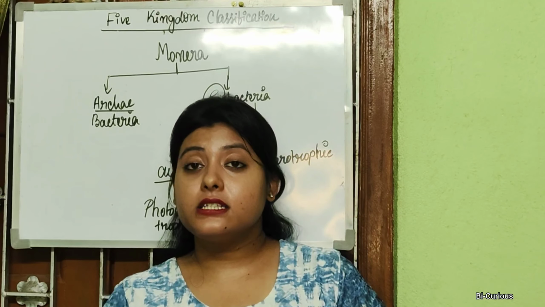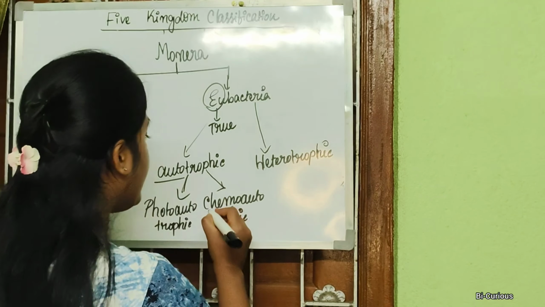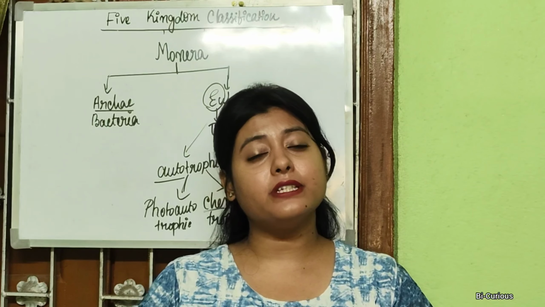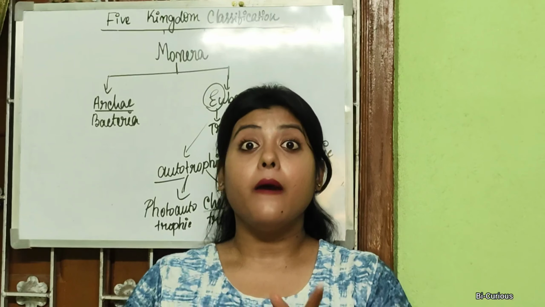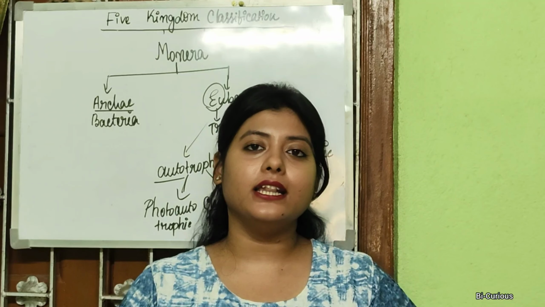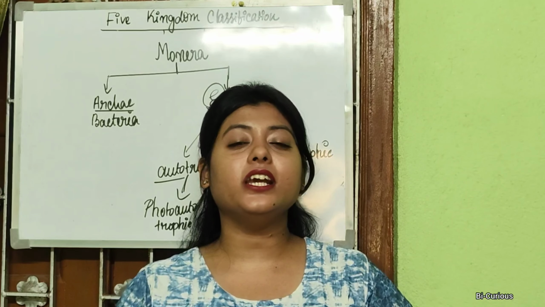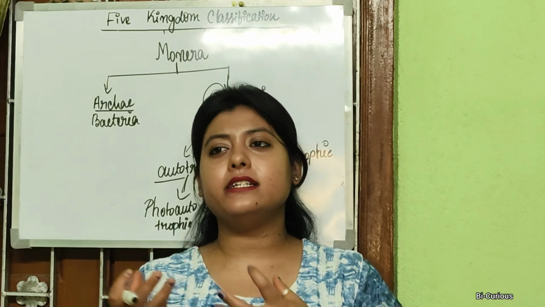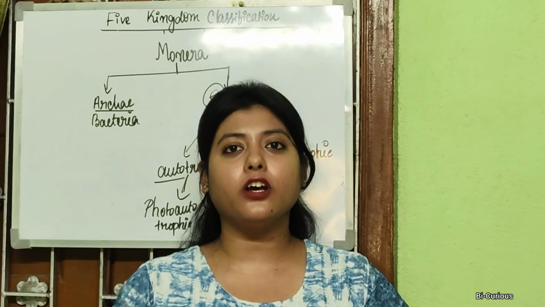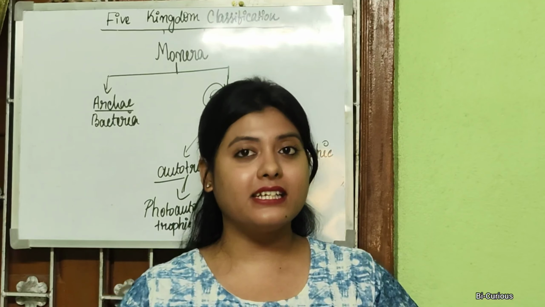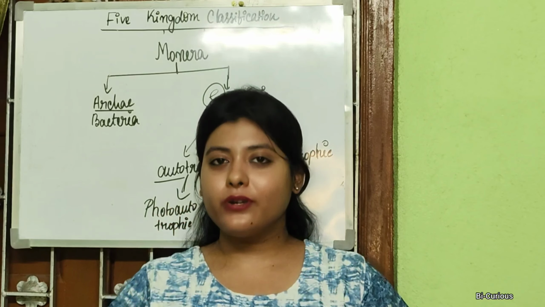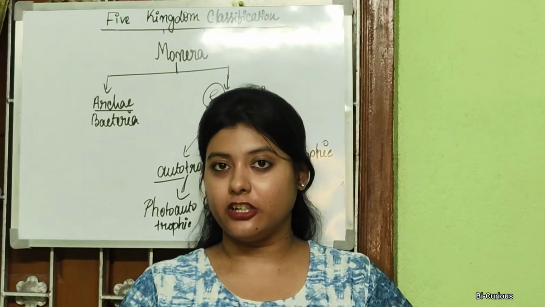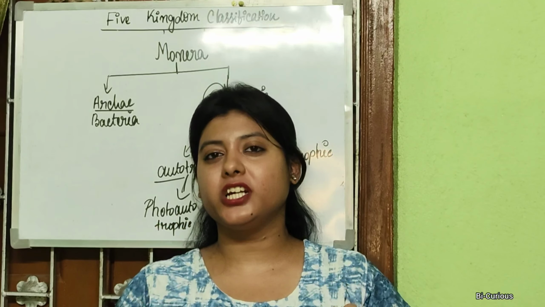Now there is one more organism, that is chemoautotrophic. Chemoautotrophic means what? In this case also the organism is capable of producing its own food, but here they are not utilizing light energy. Instead of light energy, they are utilizing inorganic sources like nitrites, ammonia, nitrate, and they oxidize these materials to produce energy, and with the help of the energy they are capable of forming ATP, and ATP is the energy currency for us.